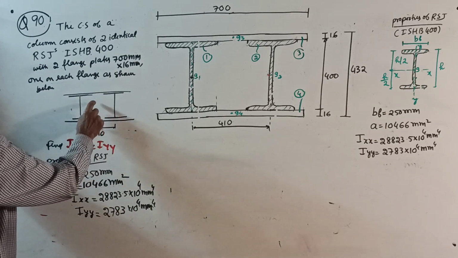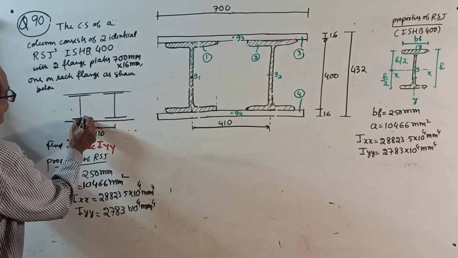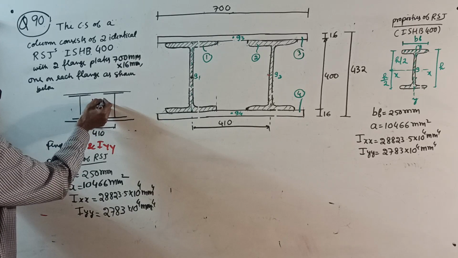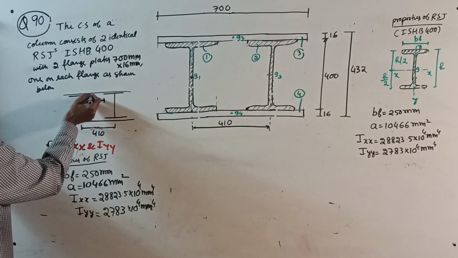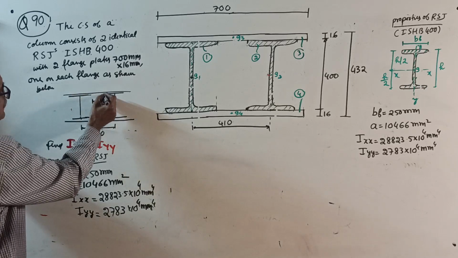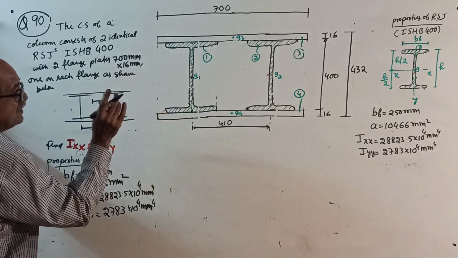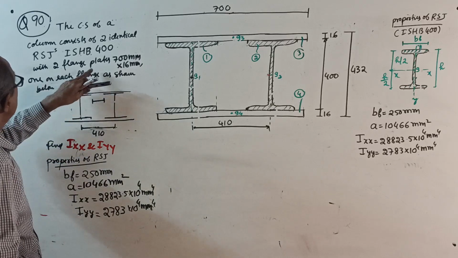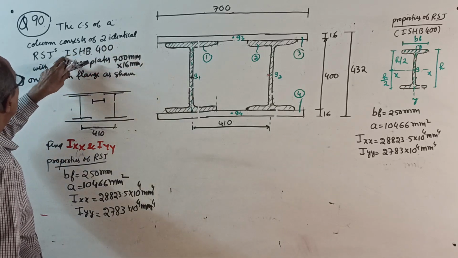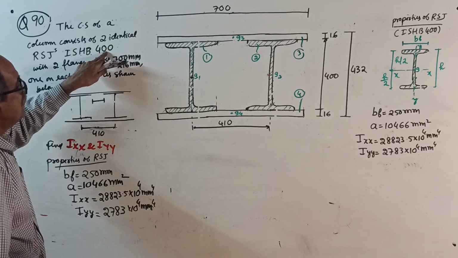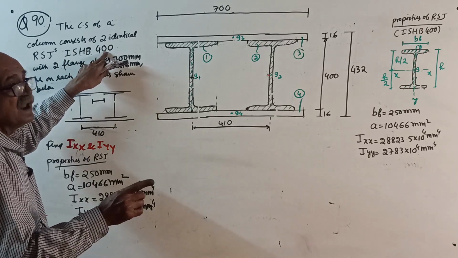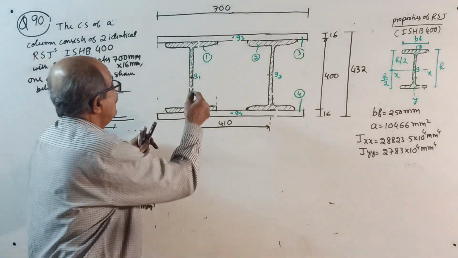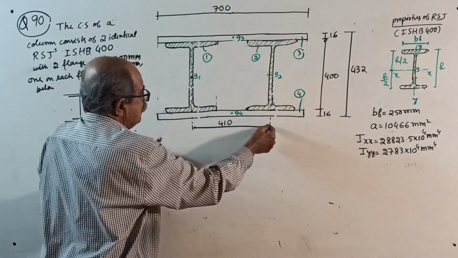Last time, if you remember, the clear distance was given. So what you did, this clear distance plus half of flange width gives the center. But this time, center is given. Or in the question they can give two identical RSJs, ISHB 400, placed at, last time clear, this time placed at 410 mm center. See, from center to center here, 410 mm.